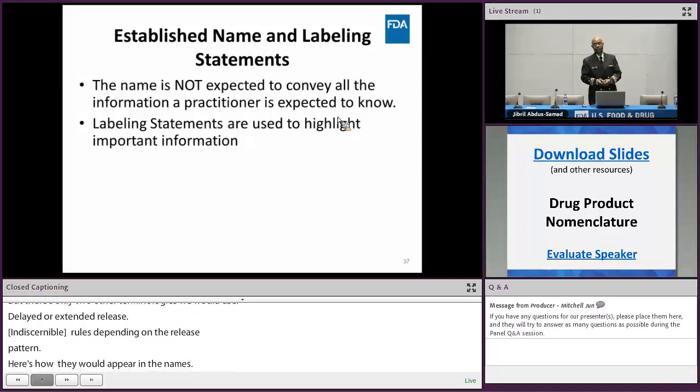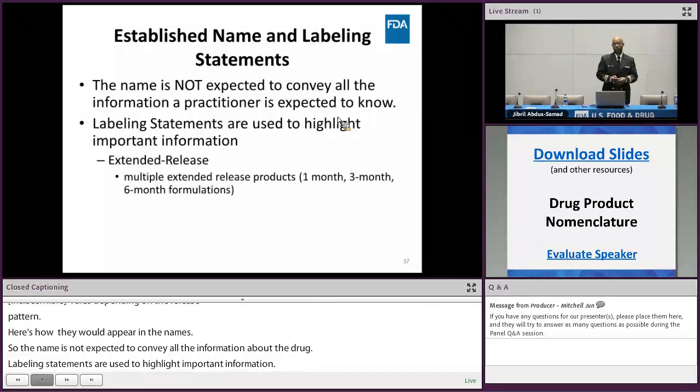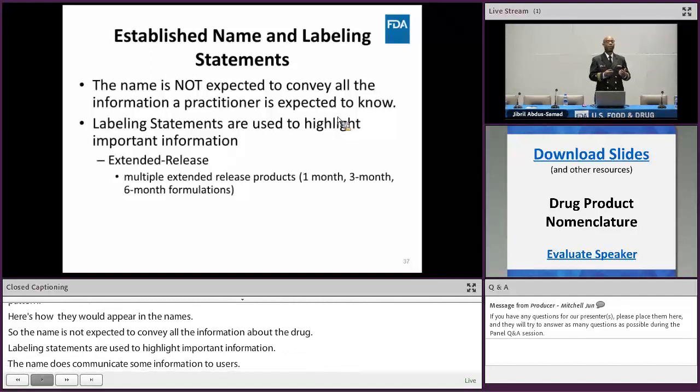So naming, the name is not expected to convey all the information about the drug. You need to use labeling statements to highlight important information. But the name does communicate some information to the user. So for example, if you have an extended release product, you understand that it provides you some information that maybe I don't have to take this product as often as I would if it was an immediate release product.